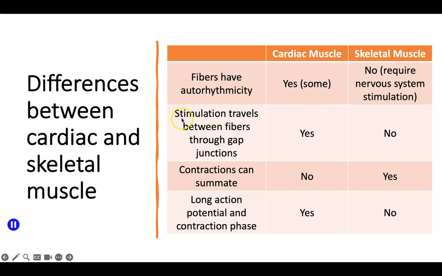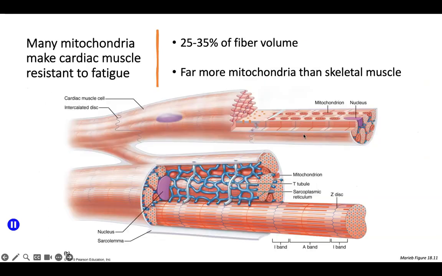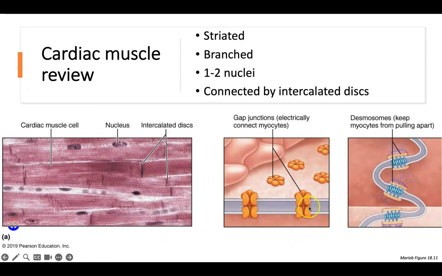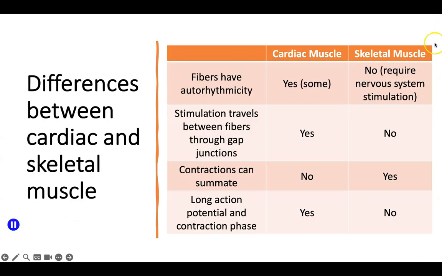Next difference, stimulation travels between fibers through gap junctions in cardiac muscle. This is what I showed you a few slides ago. So at that intercalated disc, we have gap junctions that allow for direct signals between adjacent cells. This does not occur in skeletal muscle.